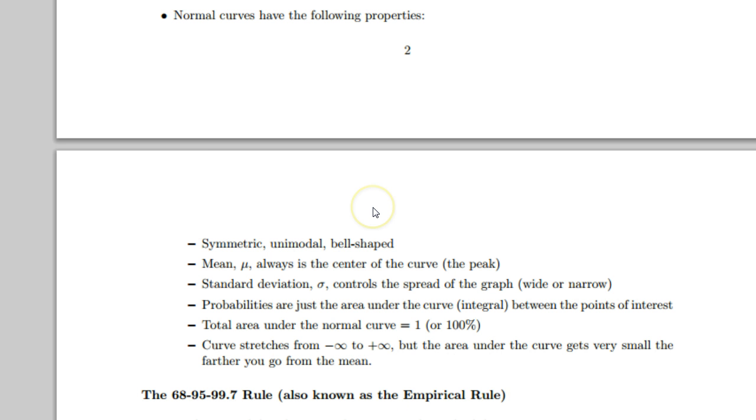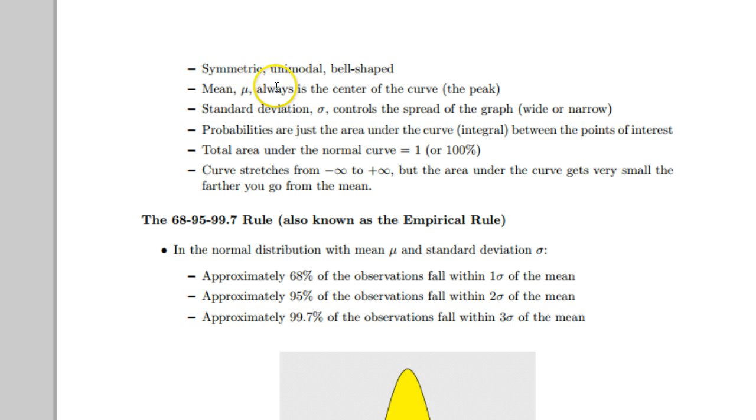The mean mu is always the center of the curve, the peak. Standard deviation, sigma, controls the spread of the graph, whether it's wide or narrow. Probabilities are just the area under the curve, the integral, between two points of interest. Total area under the normal curve is 1, or 100%. The curve stretches from negative infinity to positive infinity, but the area under the curve gets very small the farther away you get from the mean.